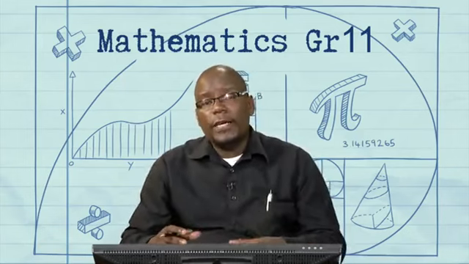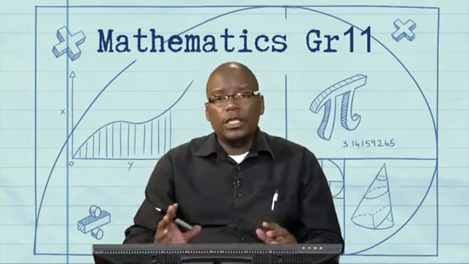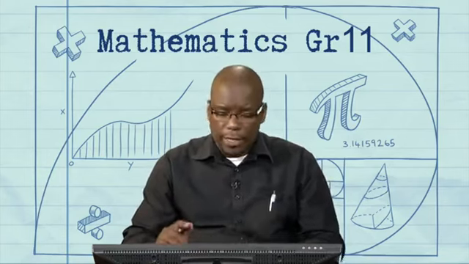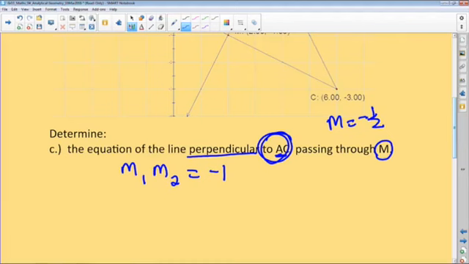But you are now in grade 11, you will also be using the equation y minus y1 equals m times x minus x1. Right, so you've got m1. You can substitute. Now, can you see that you're going to have the unknown, which is only the second gradient?